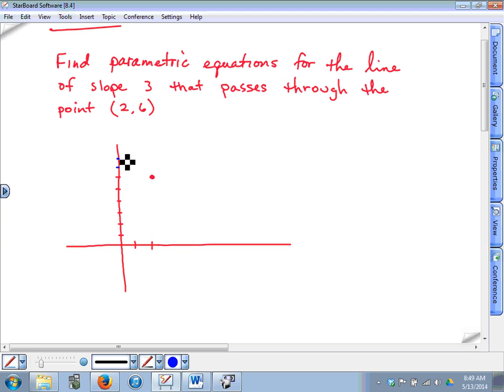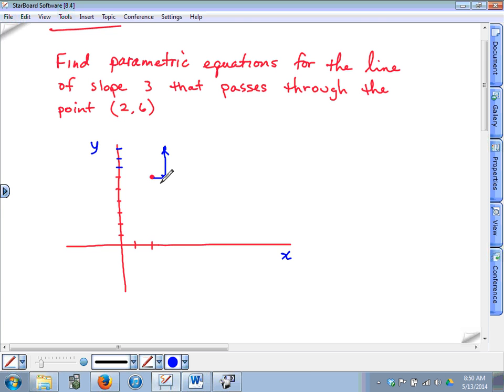It goes up 3, and then to the right 1. So if we increase to the right 1, we go up 3 units.